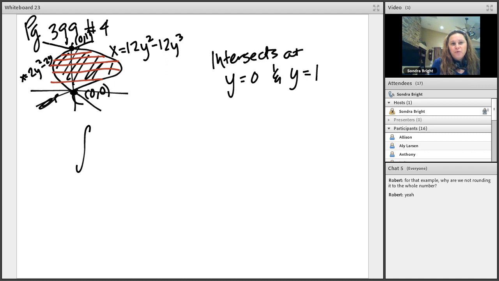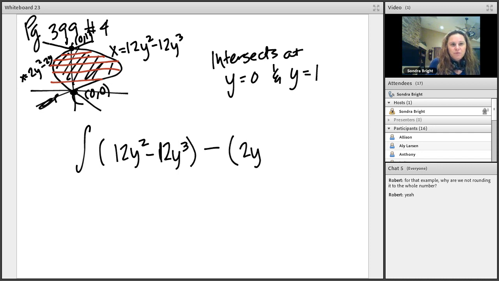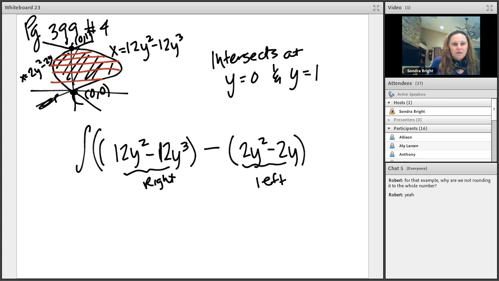It's going to be the rightmost, 12y squared minus 12y cubed, and subtract from it the leftmost curve, 2y squared minus 2y. This is the right, and then minus the left, and that's all dy.